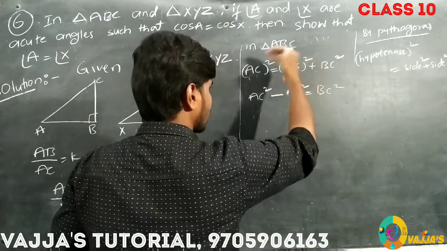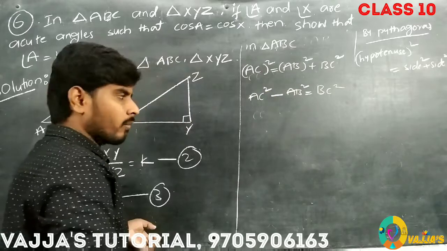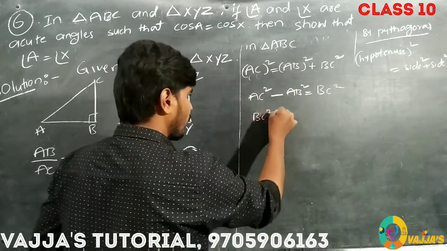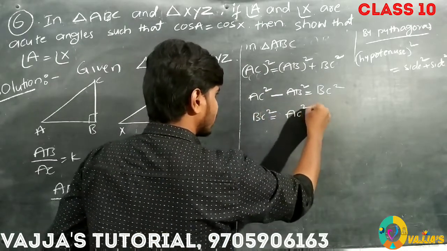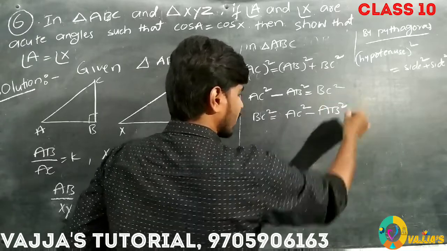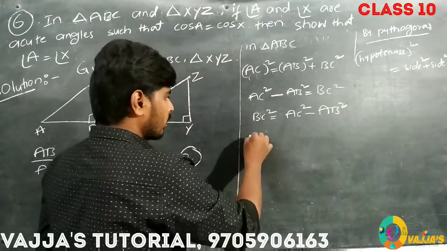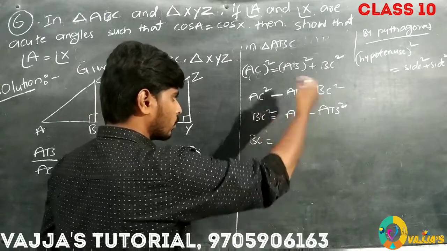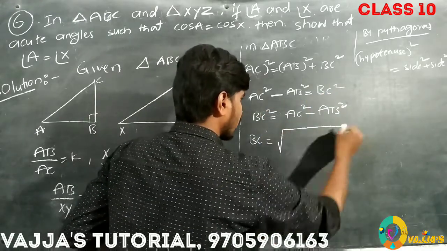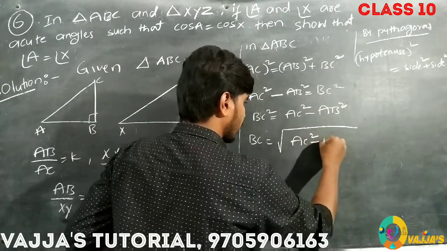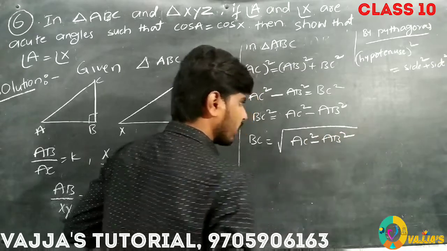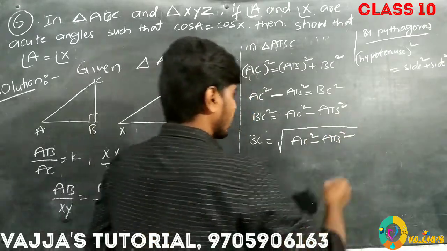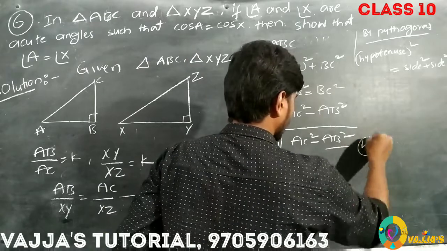Here AB is transposed to the LHS. The next step, BC square is equal to AC square minus AB square. So BC is here, this square goes to the RHS side, it becomes root of AC square minus AB square. Let us call it equation 4.